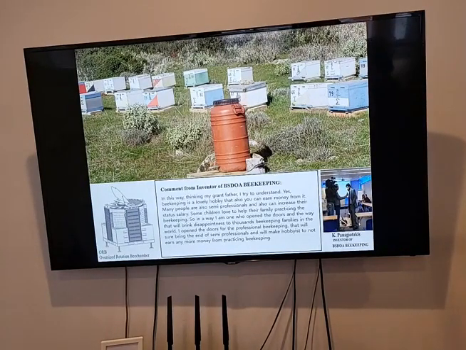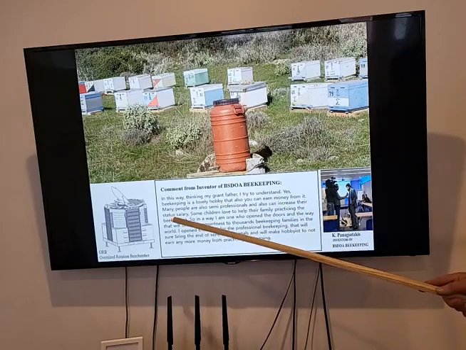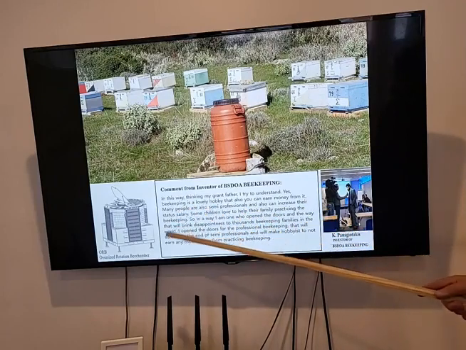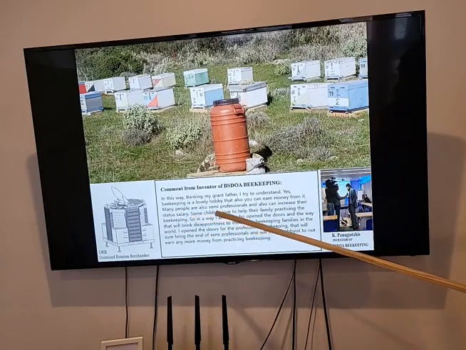In this way, thinking of my grandfather, I try to understand. Yes, beekeeping is a lovely hobby that you can also earn money from. Many people are semi-professionals and can also increase their salary. Some children love to help their family practicing beekeeping.